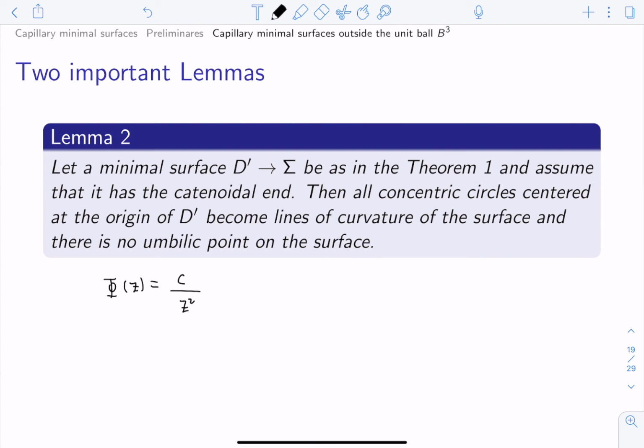So we can visually present Lemma 2 as follows. Since the surface has finite total curvature, we can parameterize the surface in a punctured disk D', so that we have the immersion x, with the surface outside the unipole.